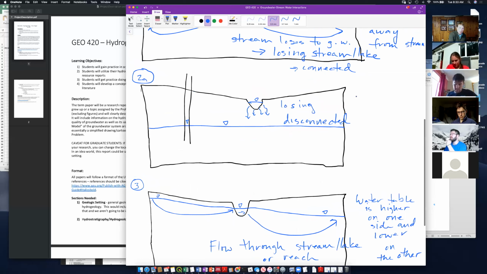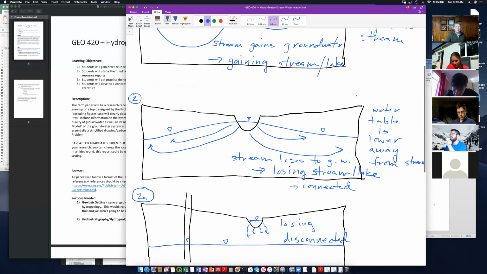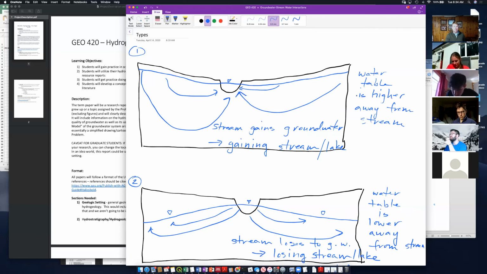Now I want to investigate these types a little more. And in particular, I want to look at what they look like in plan view.